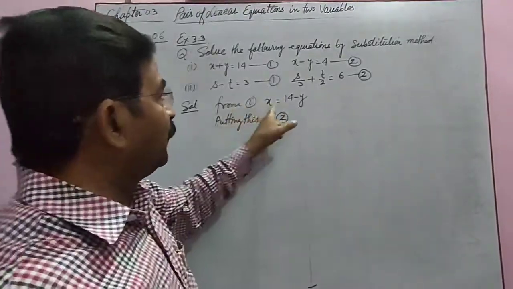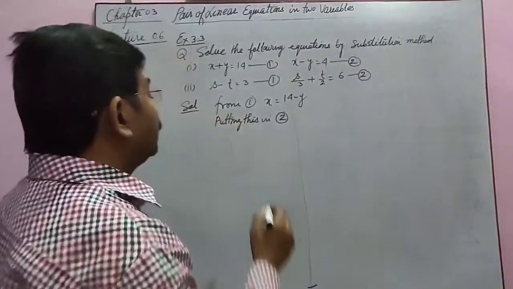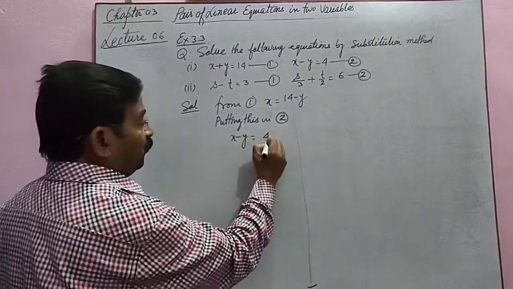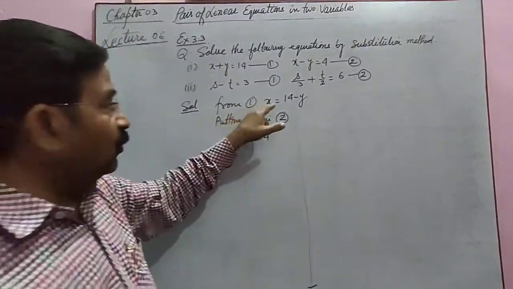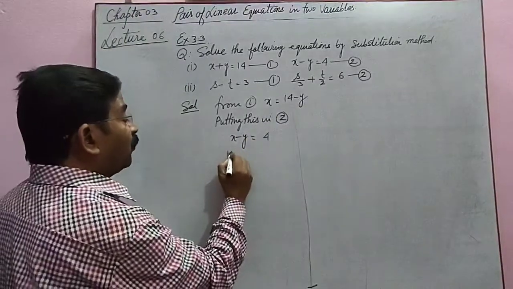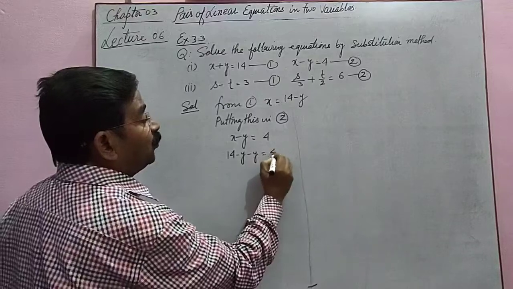We have got the value of x from 1, so we will substitute this in equation number 2. Now write equation number 2: x minus y is equal to 4. Now we have got the value of x, 14 minus y. Put the value of x here: 14 minus y is equal to 4.